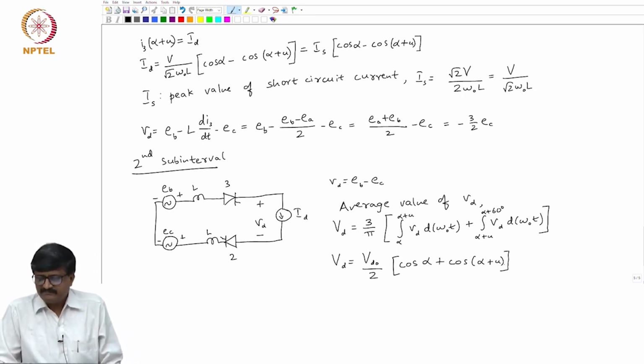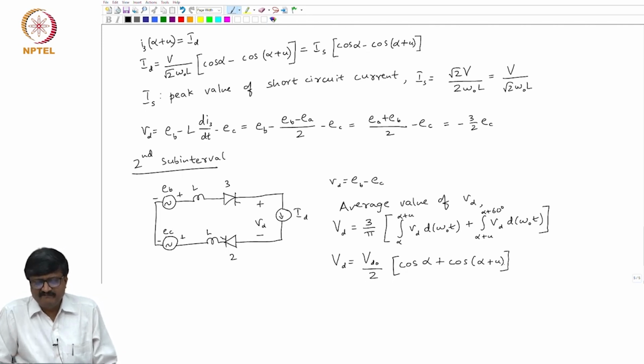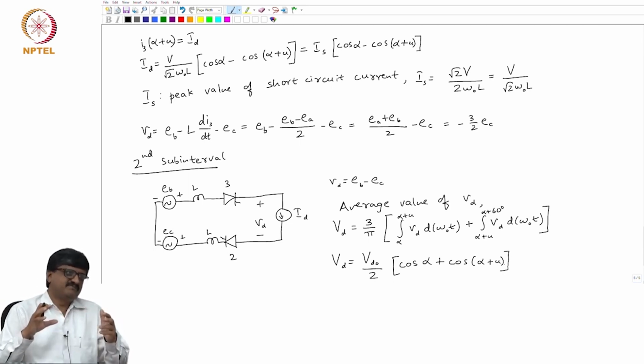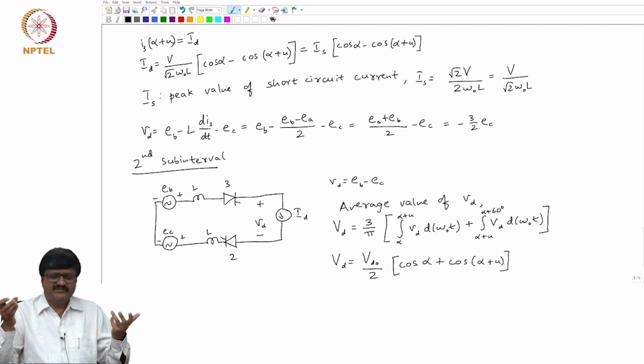Fine. Now, what was the expression for Vd with L equal to 0? L equal to 0 is equivalent to u equal to 0. So, if L is 0 or u is 0, Vd is Vdo cos alpha, we derived that.